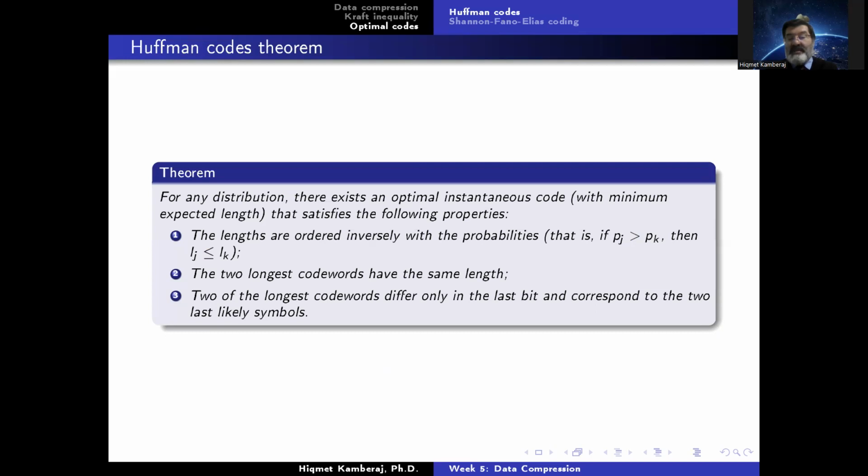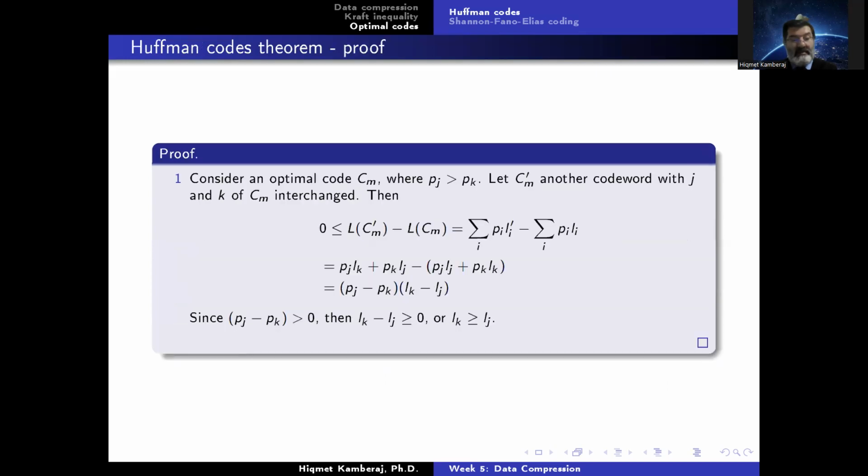That is, if P of J is greater than P of K, then L of J is less than or equal to L of K. The two longest code words have the same length. Two of the longest code words differ only in the last bit and correspond to the two least likely symbols. We are going to prove this theorem one by one.